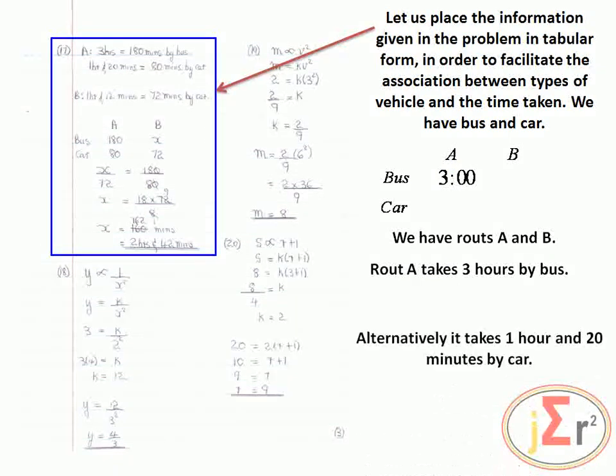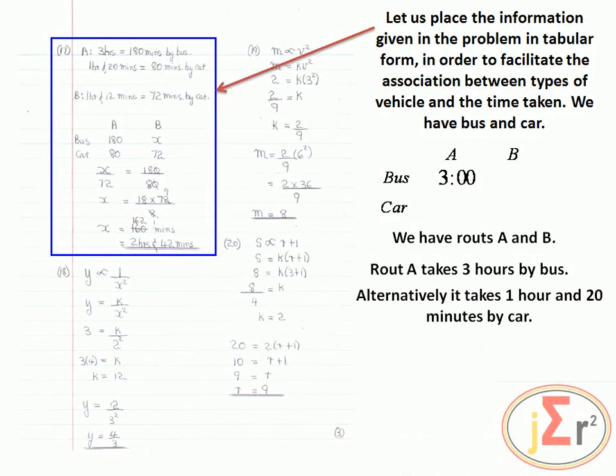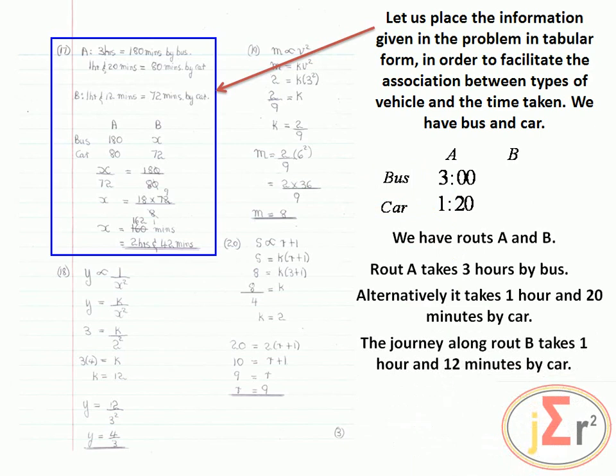Alternatively, it takes 1 hour and 20 minutes by car. Car, Route A, 1 hour and 20 minutes. And what do we imagine next? The journey along Route B takes 1 hour and 12 minutes by car. So we have car, Route B, 1 hour and 12 minutes.